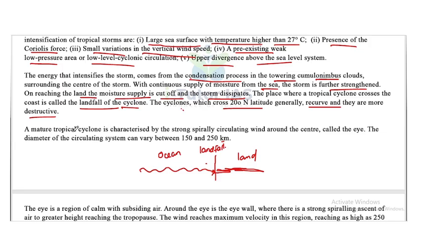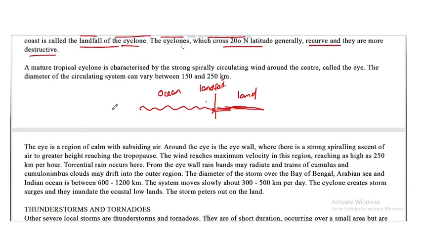A mature tropical cyclone is characterized by a strong spirally circulating wind around the center, and this is called the eye. The diameter of the circulating system can vary between 150 and 250 kilometers.